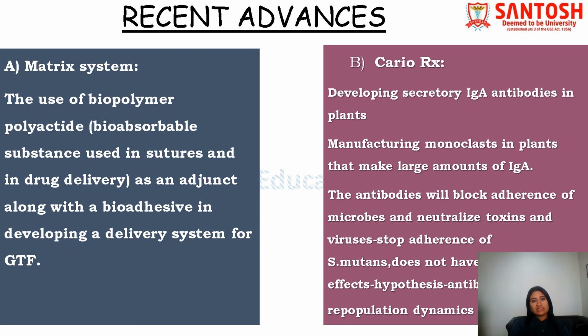There are various recent advances that are also seen. That is the matrix system, in which the use of bipolymer polyacetate is used as an adjunct along with bioadhesive in developing a delivery system for GTF. CarioRx, it is a developing secretory IgA antibodies in plants.